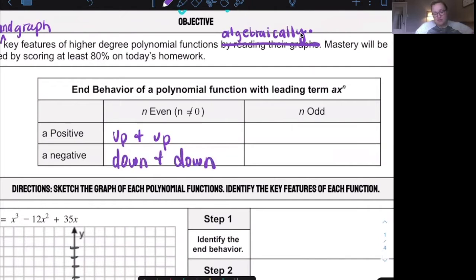If your degree is odd, but the leading coefficient is positive, then your end behavior is down and up. And if your leading term is negative and your degree is still odd, then you're going to have up and down as your end behavior. So this table is just a little reminder for us because identifying our end behavior first is actually going to help us with graphing these higher degree polynomial functions.